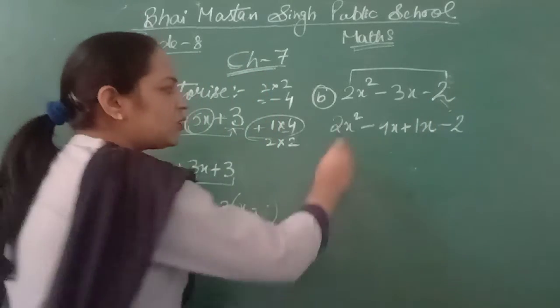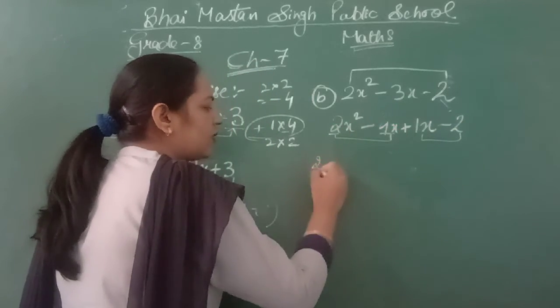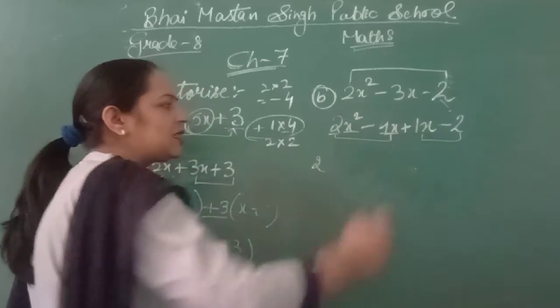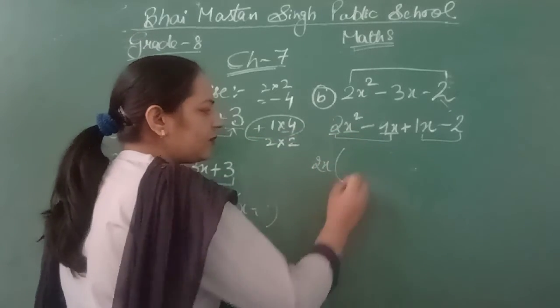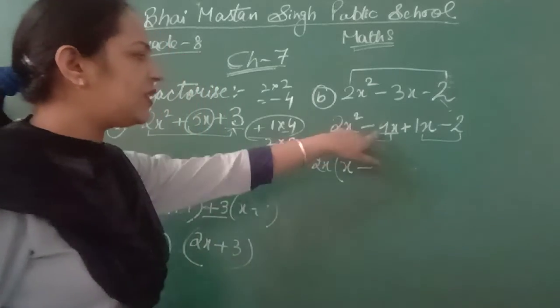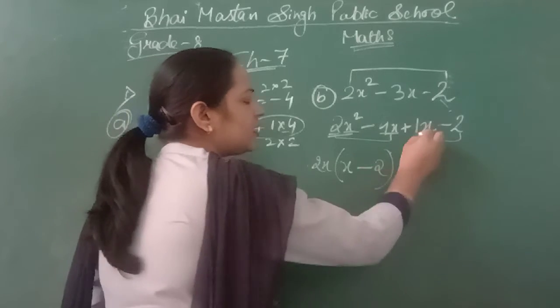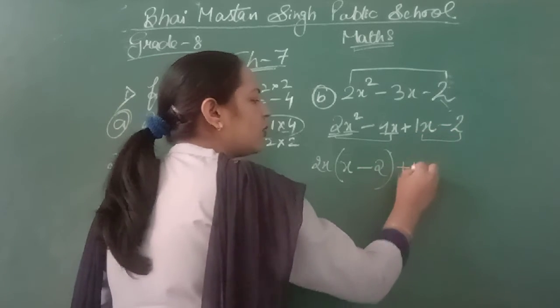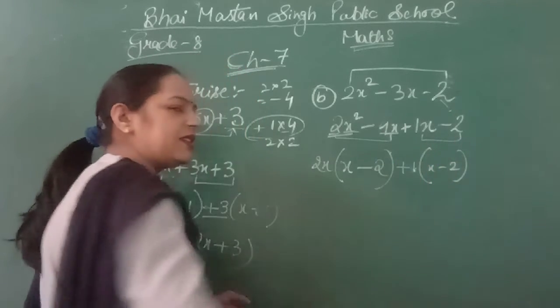Now from these two I have to take one thing common. Here 2 is common, and from x square and x, x is common, so I will write x only. When I take 2x common from this, only 2 remains. There is nothing common between them, so 1 is common, so the next bracket is x minus 2, same as it is.